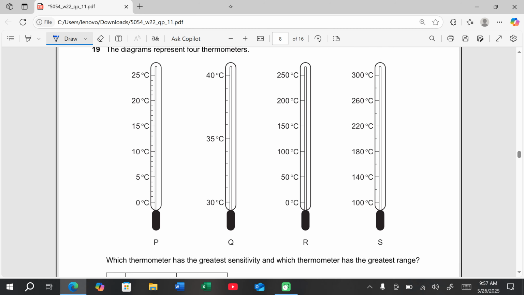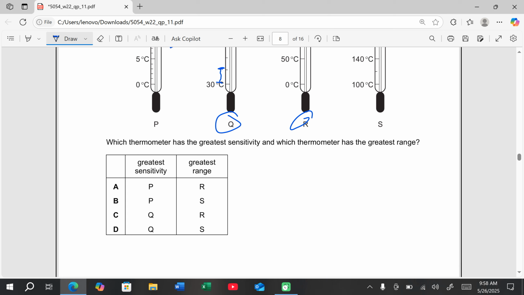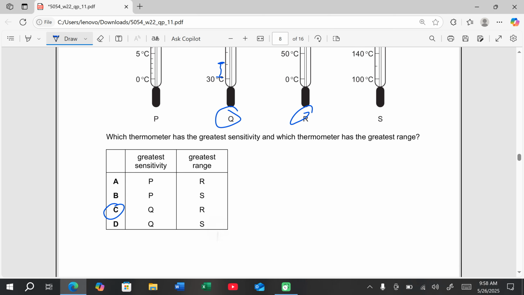Q has the greatest sensitivity, because for a 1 degree rise there is this much length, so this is the more sensitive one. If you compare the range, this measures 200 degrees Celsius, this measures 250 degrees Celsius, this measures only 10 degrees Celsius, and this is 25, so that is the greatest range. So it should be Q and R. Let's see.